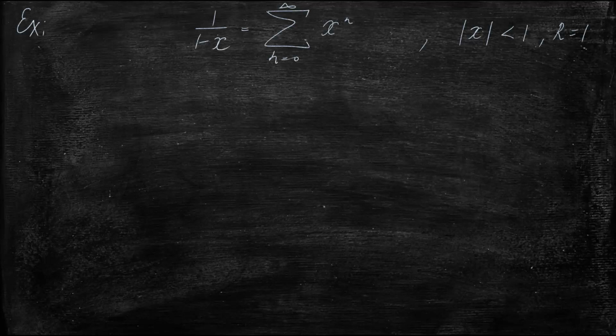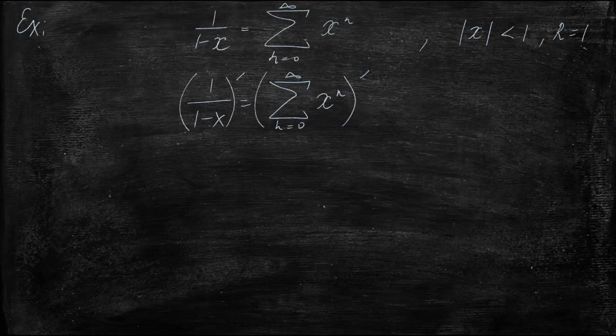So the question here is, what happens if we take this identity and differentiate both sides of it with respect to x.